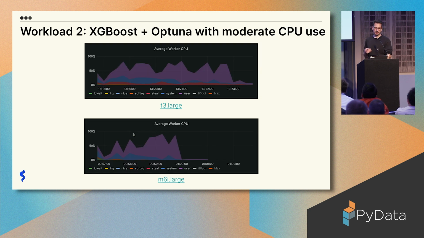And similarly, we figured out that the stealing was something from the hypervisor that went in there. And more importantly, what we saw is that if we have these CPU workloads, the burstable instances were actually more expensive than the non-burstable ones. So these are slower and more expensive per minute. So they're a bad choice for these cases as well.